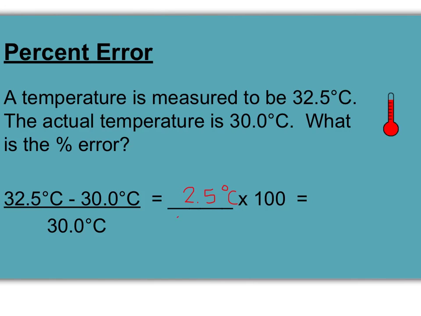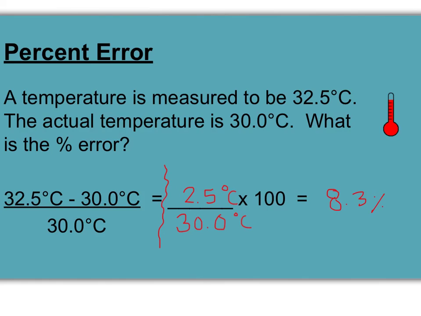And then you're going to take that value and divide by the actual temperature, 30 degrees Celsius. Now you can almost think of this as a separate problem, and you're going to take the 2.5, divide it by the 30, and multiply it by 100, and use the division rule for significant digits here. When you do the math for this, you're going to get 8.333 repeating, but you want to round your answer to only 2 significant digits, so you'll get 8.3%.